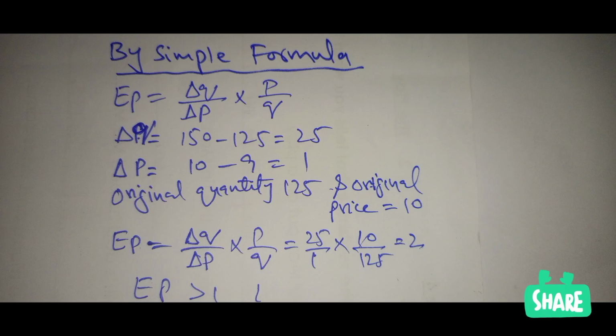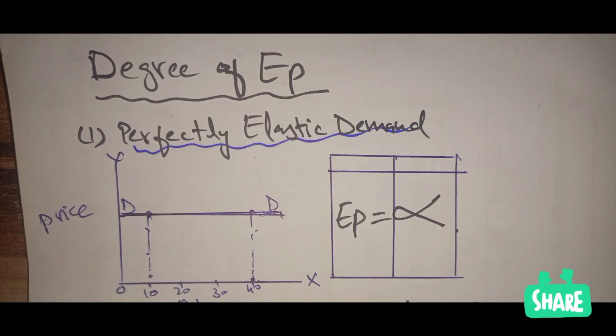When we solve this, 25 multiplied by 10, 250 by 1 multiplied by 125. When we divide 250 by 125, the answer is 2. It means that price elasticity of demand EP is greater than 1. It means that the demand is elastic.